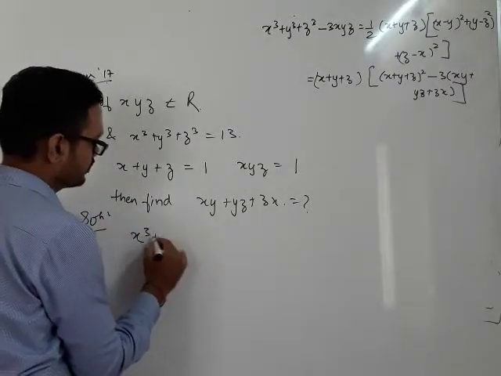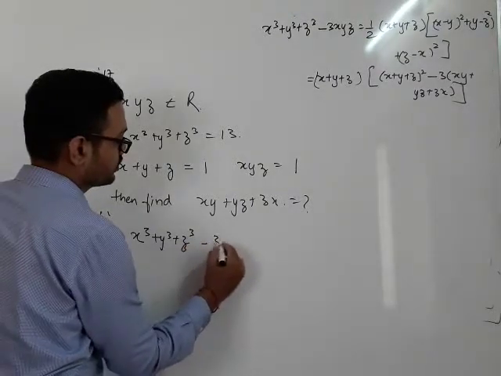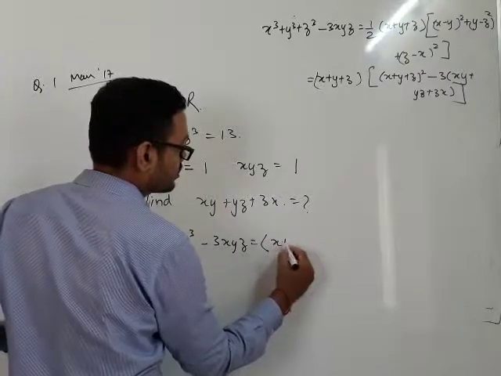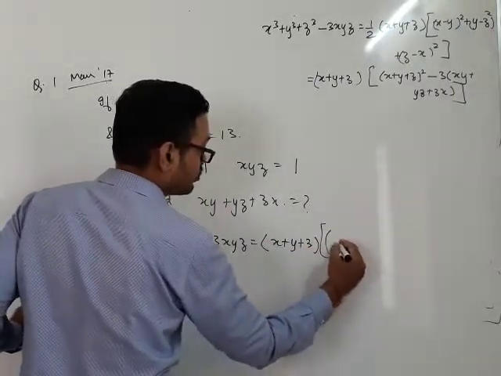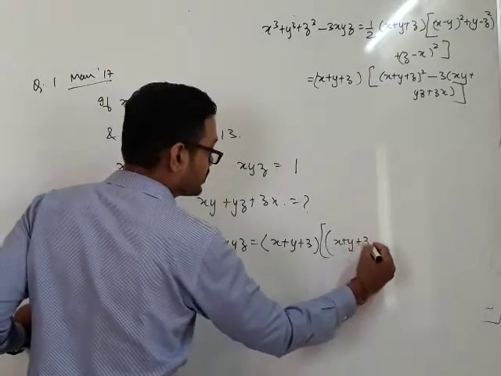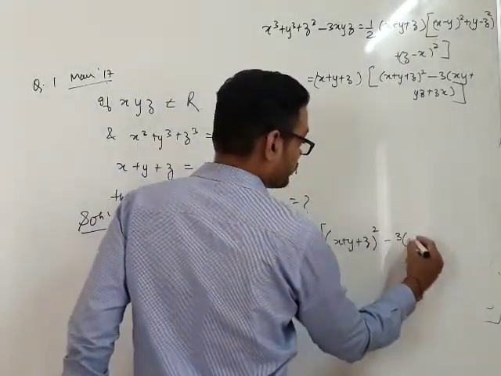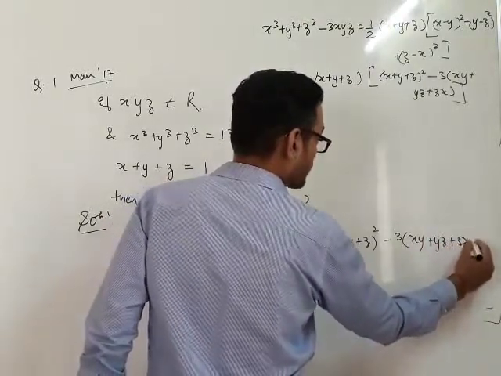Solution: x cube plus y cube plus z cube minus 3xyz is equals to x plus y plus z into x plus y plus z the whole square minus thrice of xy plus yz plus zx.